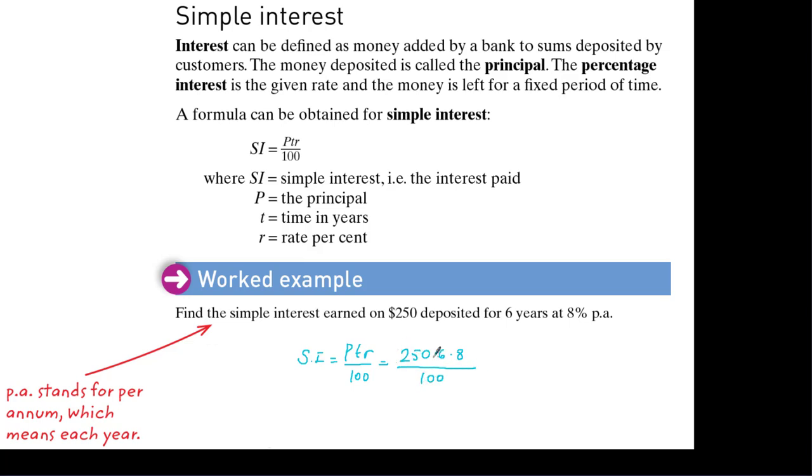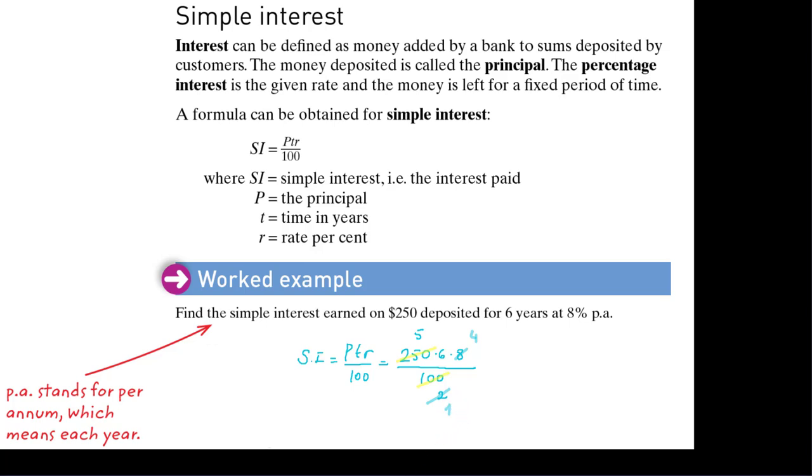Both 250 and 100 are divisible by 50, so I divide by 50, and this becomes 5 and this becomes 2. We simplify again: 2 and 8 are both divisible by 2, so this is 4 and this is 1.